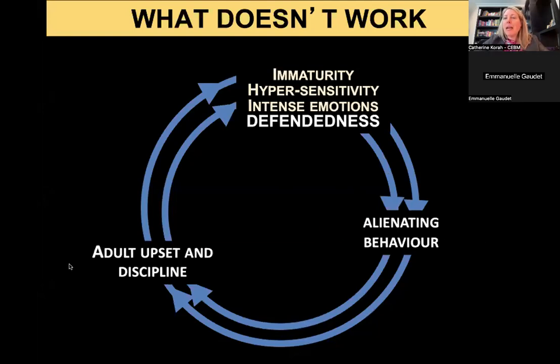If we become personally upset by that, we get frustrated, and we act out a harsh discipline, or we're being reactive rather than being reflective, this will just become more of a vicious circle, because we're creating more defendedness in the child, which will create more behavior and so forth.